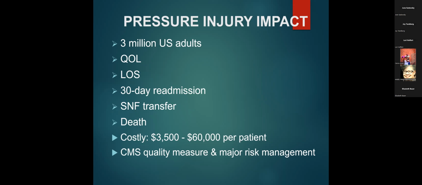I often tell folks the story of Christopher Reeves, the famous actor who was Superman, who after his fall from a horseback ride resulted in paraplegia, and his death was due to sepsis from a pressure ulcer that he acquired.